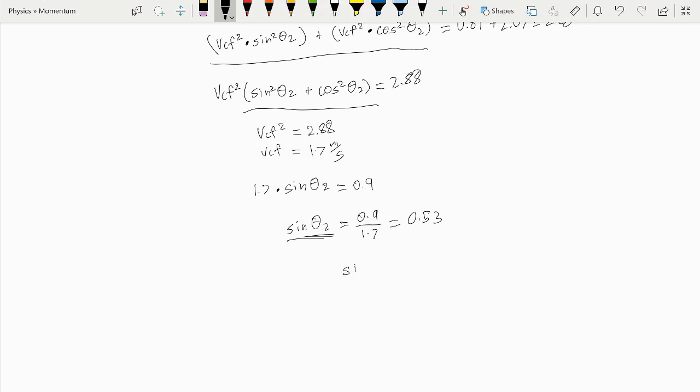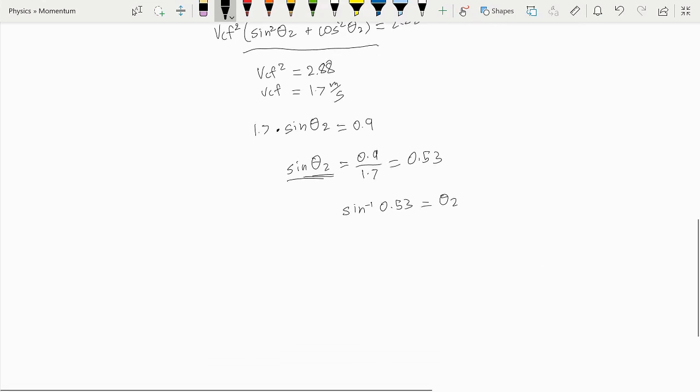So sine inverse of 0.53 is equal to theta 2. So if you open up a calculator and you got the sine inverse of 0.53, it is equal to 32 degrees.